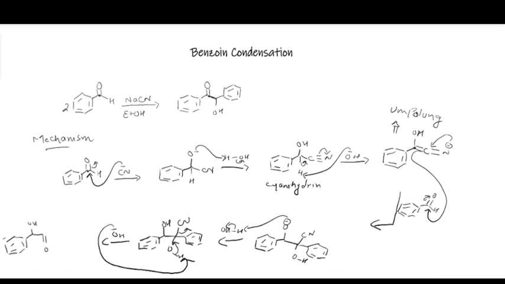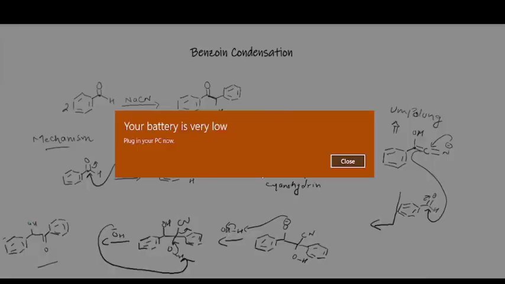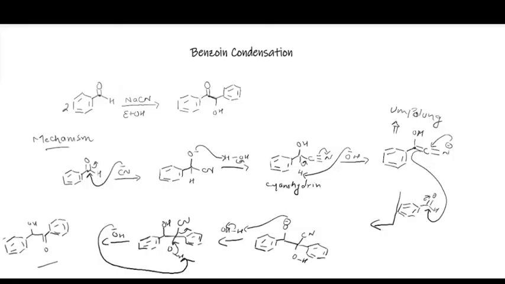A ketone is produced here, and so we have the formation of benzoin. So this is how benzoin is produced by the condensation of two molecules of benzaldehyde in the presence of sodium cyanide.